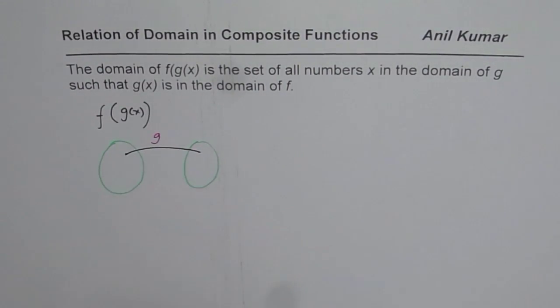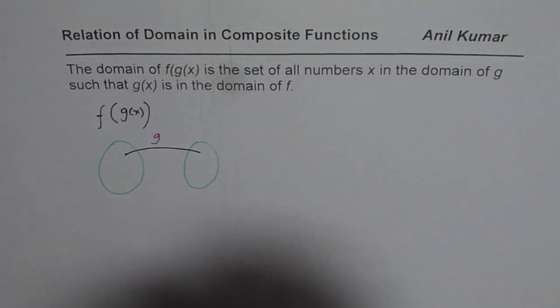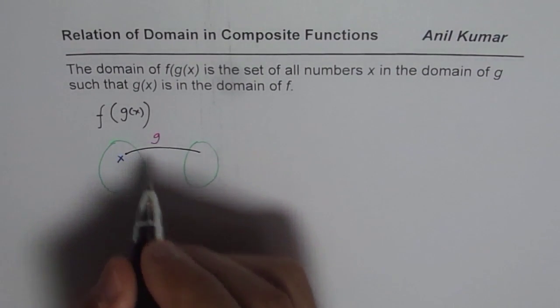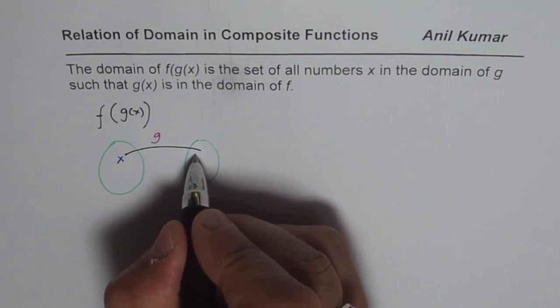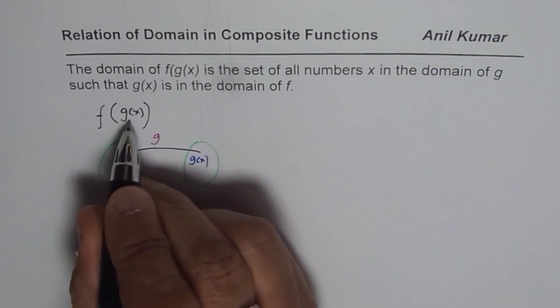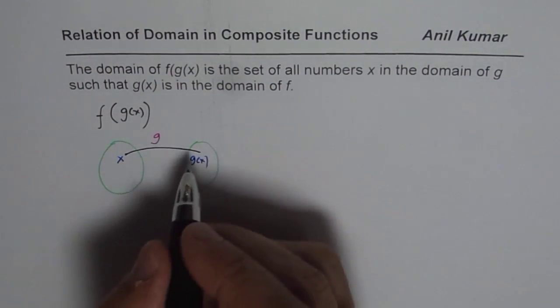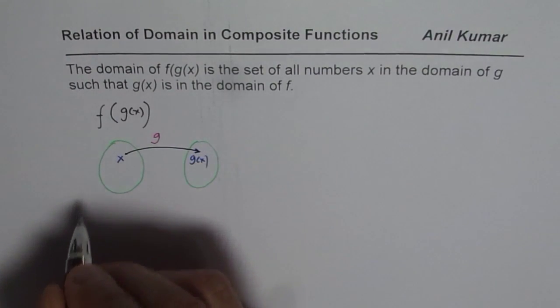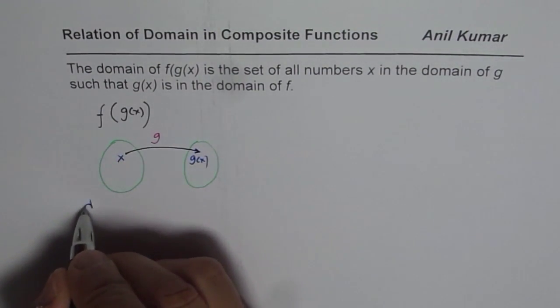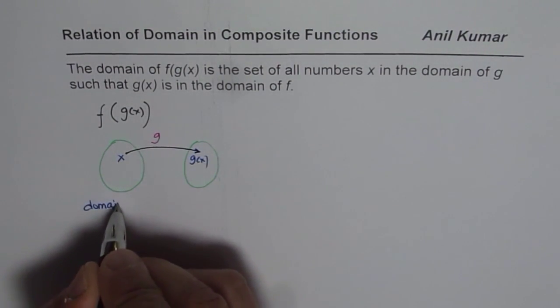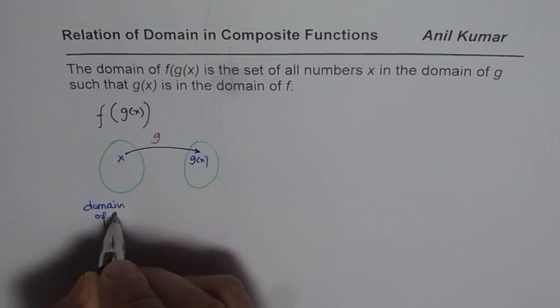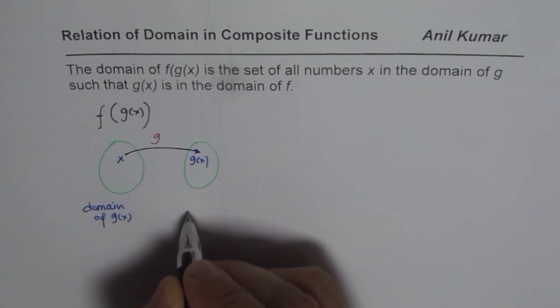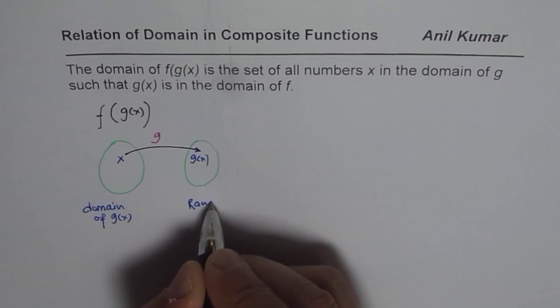All these inputs can be processed, and we get g of x, the output of this function. In this case, as you can see, the first set here is the domain of g of x, and this one is the range of g of x.